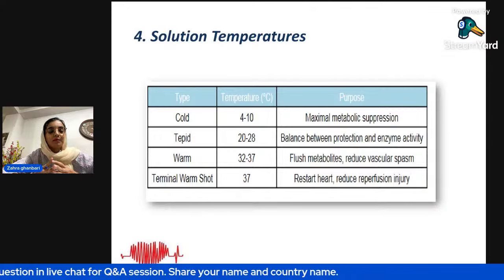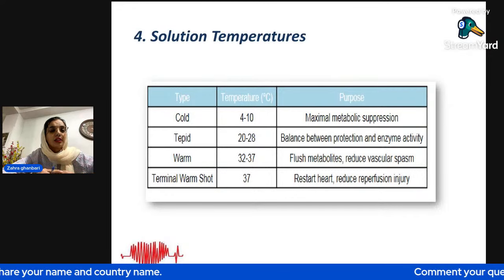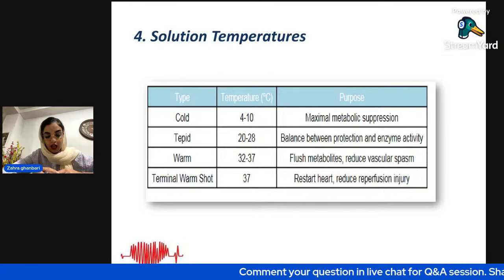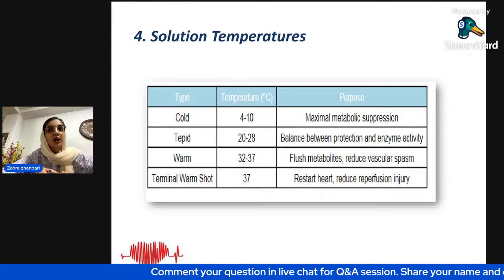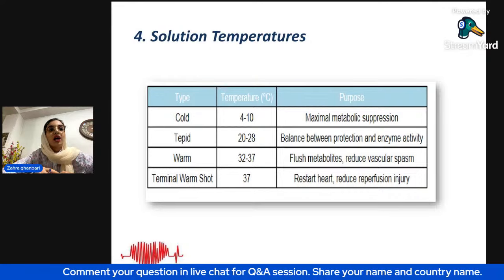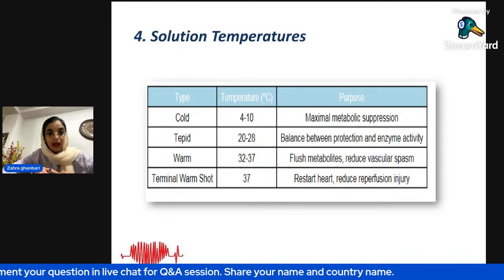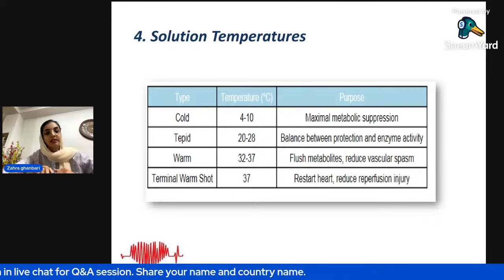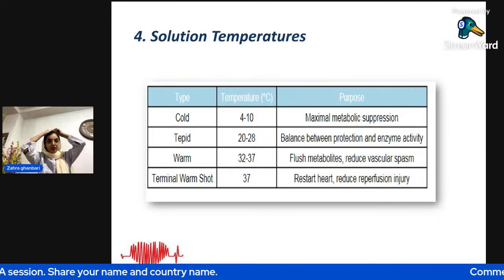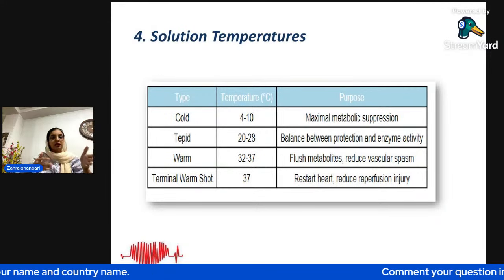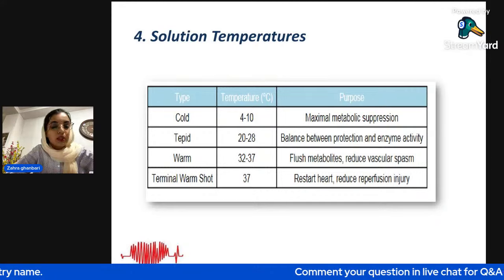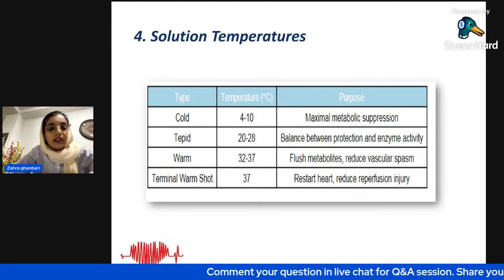Sometimes we can reduce the temperature of cardioplegia solution very much. For some patients who have low EF, low ejection fraction, it's better to inject tepid cardioplegia, and the temperature of tepid is 20 to 28 degrees Celsius.